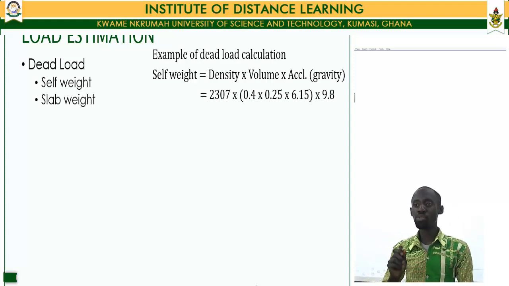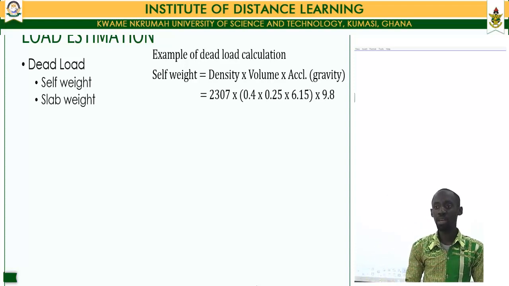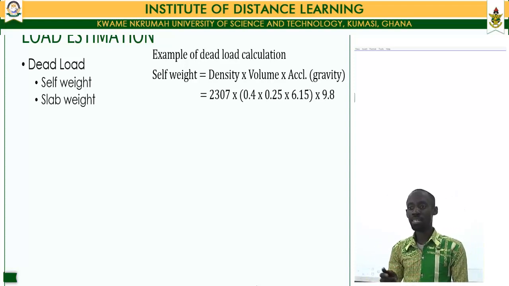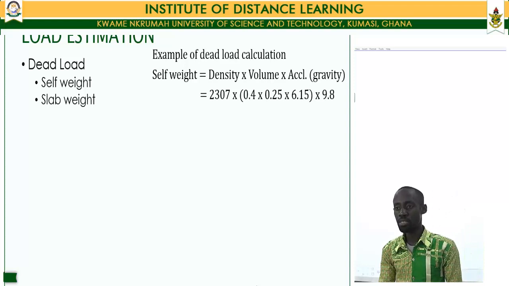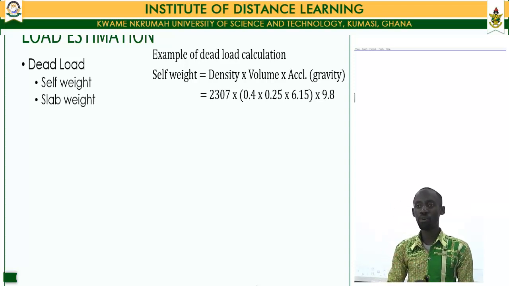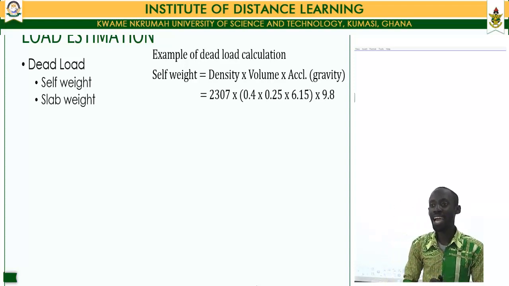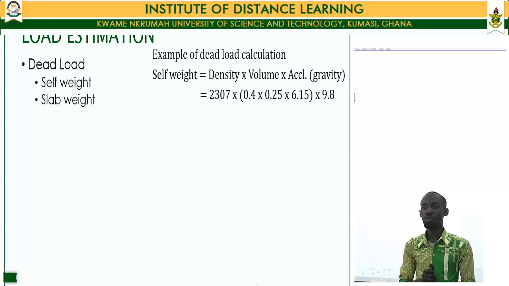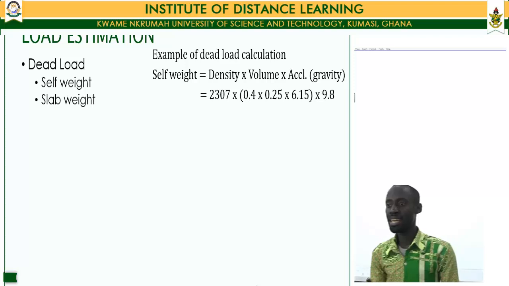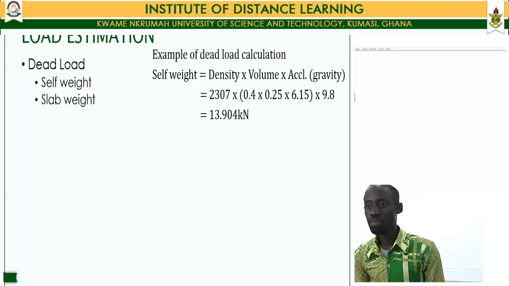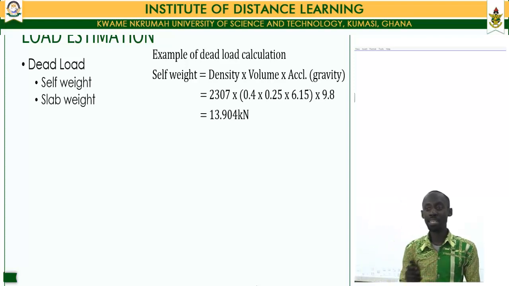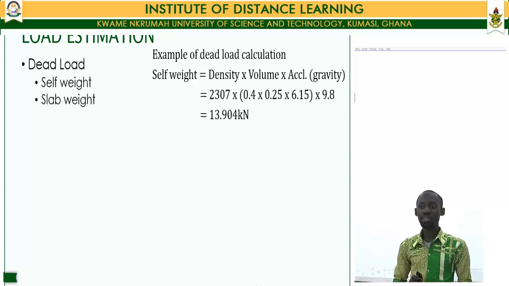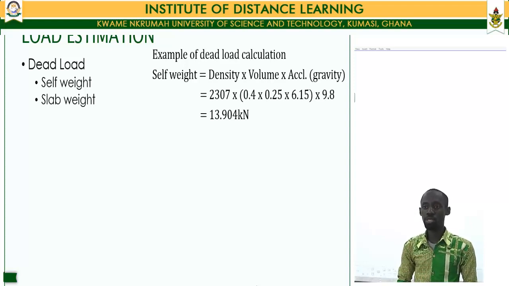When it comes to the volume of the beam, our beam has a cross-sectional dimension of 400 by 250. That is why we have 0.4 multiplied by 0.25, and the total length of the beam was 6.15, with our acceleration due to gravity being 9.8. Multiplying everything through gives us a self-weight of 13.904 kilonewtons.